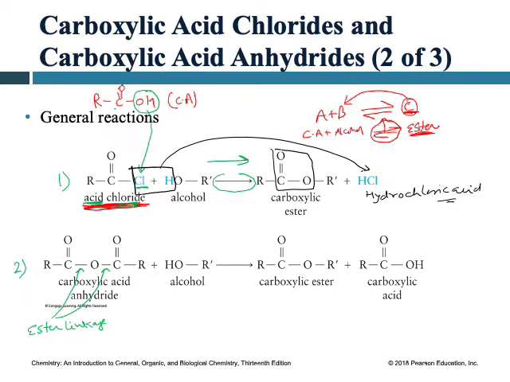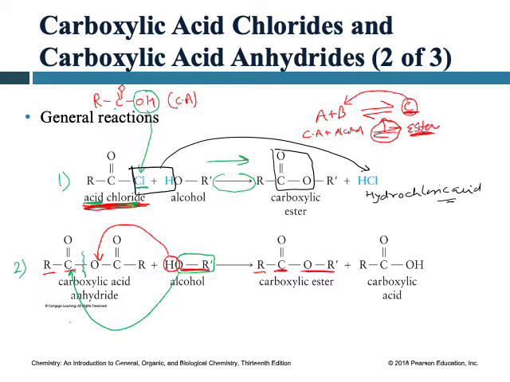Right, so what we're going to do over here is break this bond, and from the alcohol part, this OR of the alcohol is going to react with this carbon, and this H part is going to attach with this oxygen to make a carboxylic acid. So you will see RC double bond O, and then you have this OR group, OR dash.